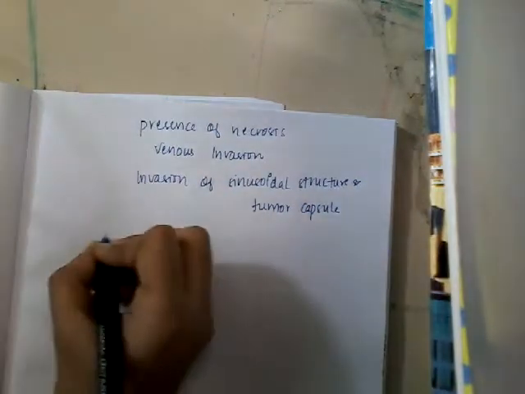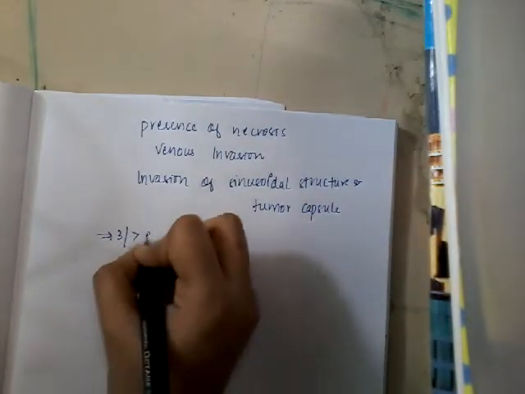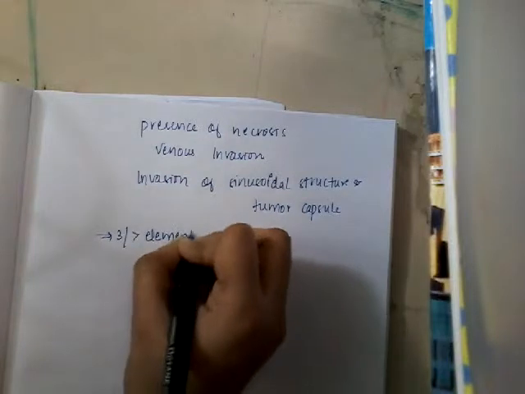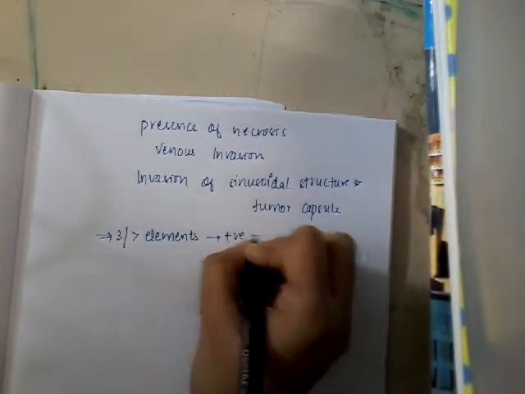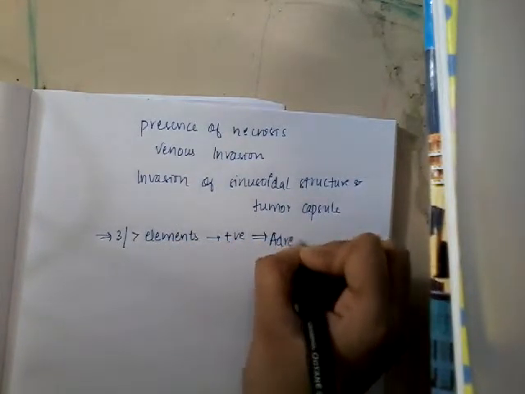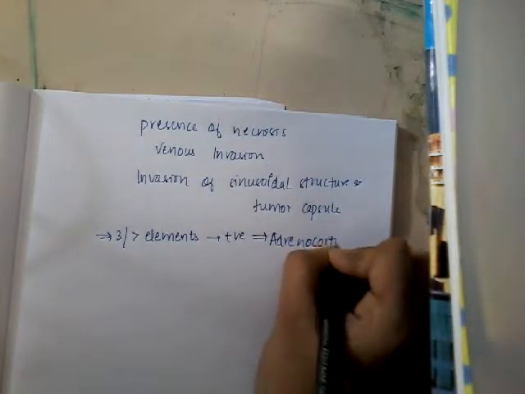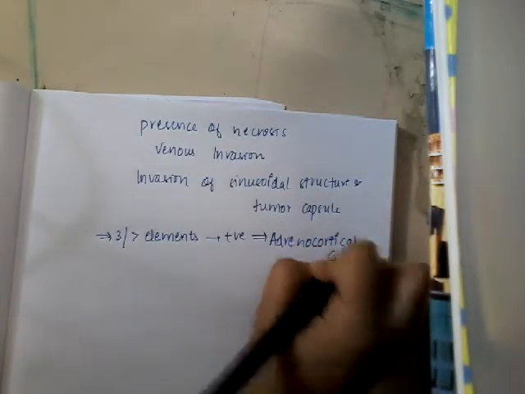Among all these elements, if 3 or more are positive, then this suggests adrenocortical carcinoma. That is the Weiss score.